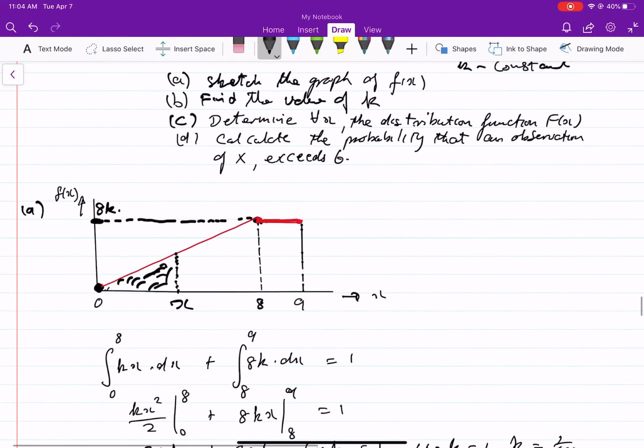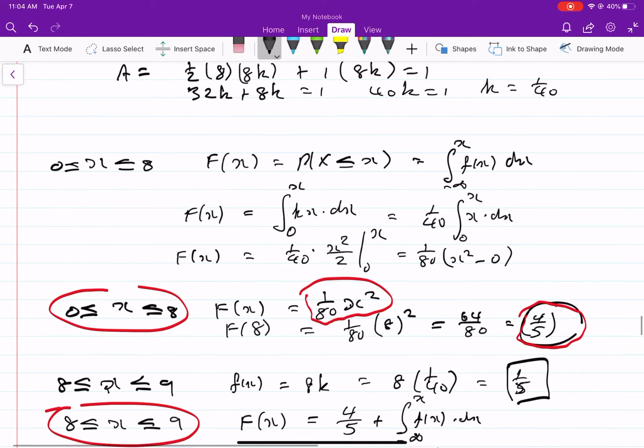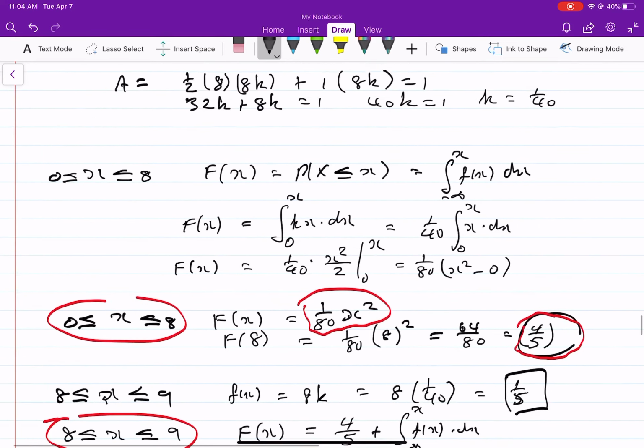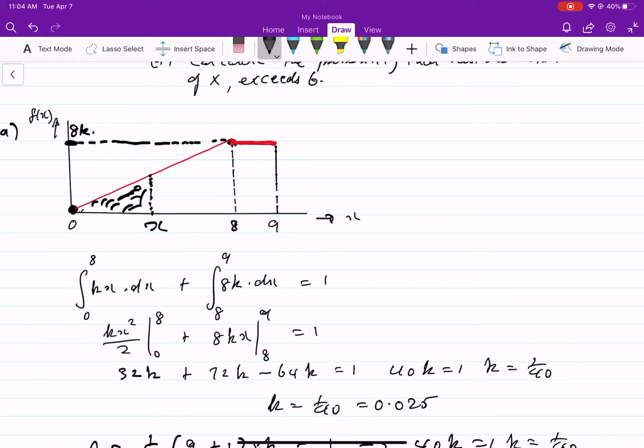Okay, what else was the problem asking for? Calculate the probability that an observation of x exceeds 6. That means you're looking for the probability that x is greater than or equal to 6, or greater than 6. For a continuous random variable, there's very little distinction between the greater than and the greater than or equal to.